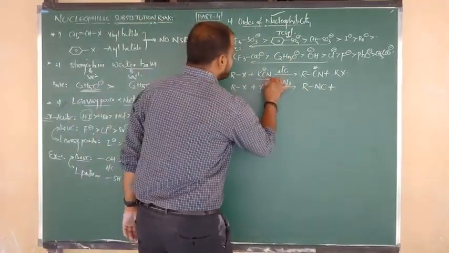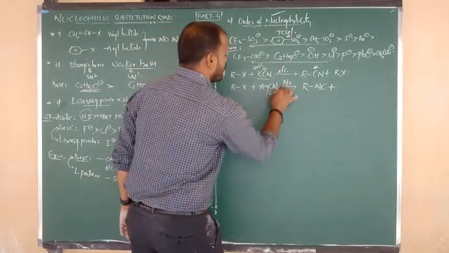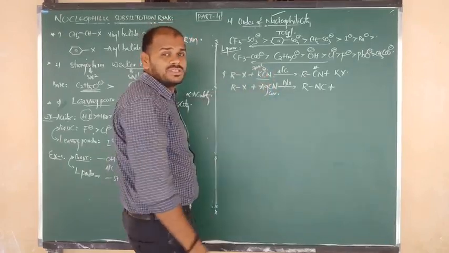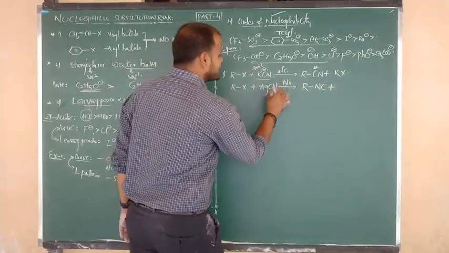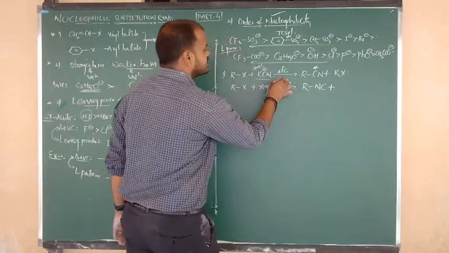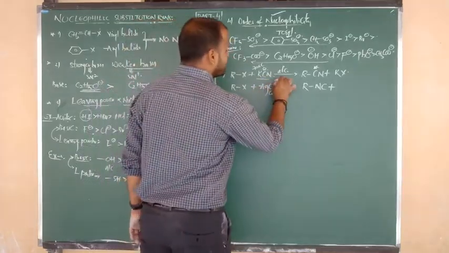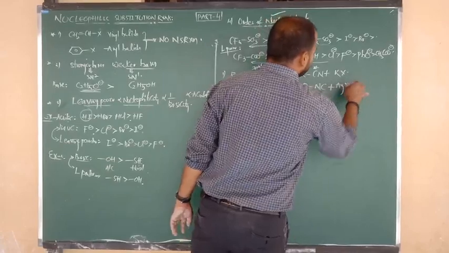KCN is an ionic compound, but AgCN is a covalent compound. In case of ionic, C contains more donating nature, so the carbon is the ligating center. But in case of covalent AgCN, N contains the charge minus, meaning N acts as the ligating center. That's why here the product is isocyanide and the byproduct is silver halide.